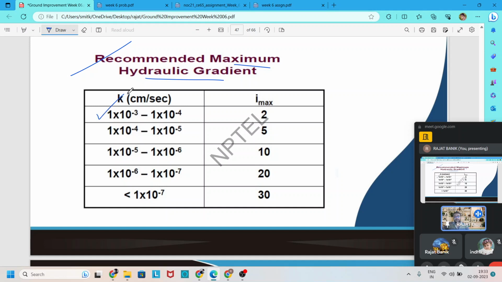When the permeability is between 10 to the power minus 3 and 10 to the minus 4 centimeter per second, the maximum hydraulic gradient should be 2. And if the permeability is 10 to the minus 4 to 10 to the minus 5, then the gradient should be 5. Like that, for different permeability, a different maximum hydraulic gradient should be maintained.